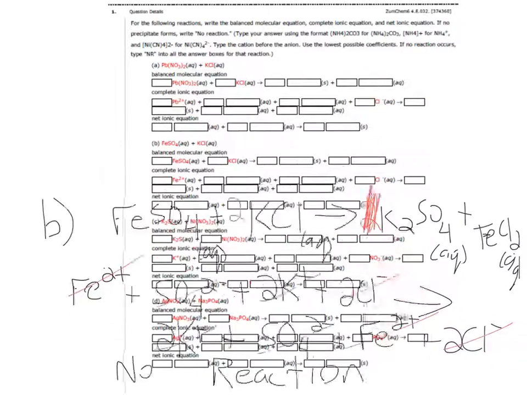So what we need to do is write NR both in the coefficient boxes and the formula boxes for every single thing in Part B of this equation. Anywhere you see a box, just type in NR and then hit submit, and it'll give you the green check mark.